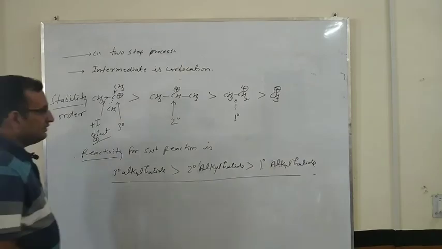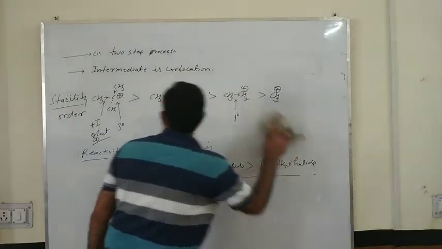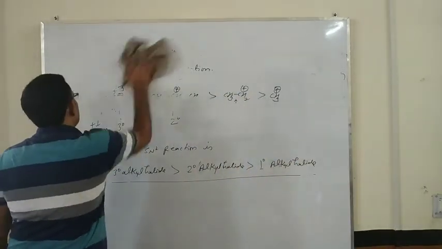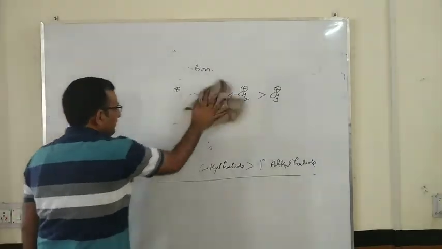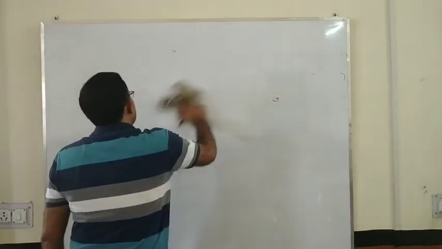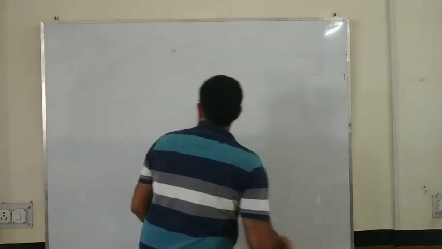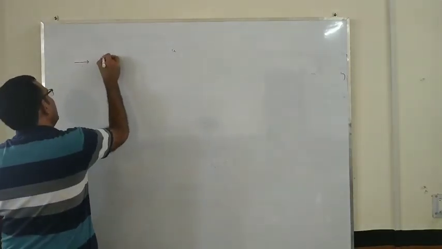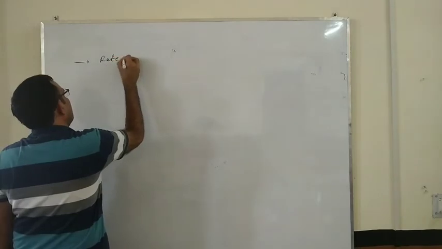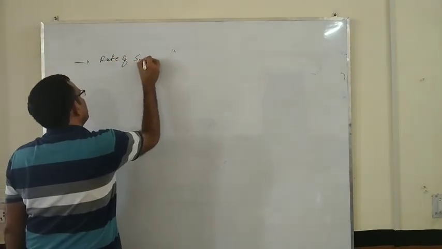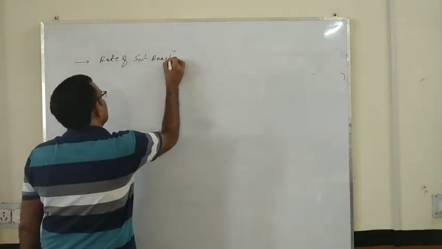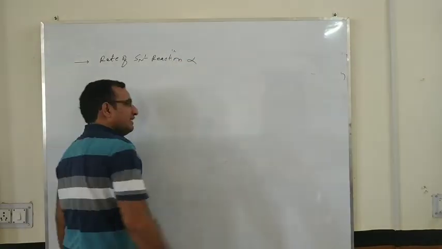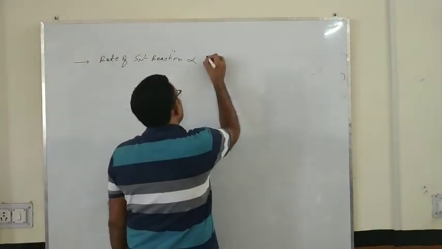Next characteristic is the first step is a slow step, which is also known as the rate determining step. So we can say that the rate of SN1 reaction also depends on the concentration of substrate.